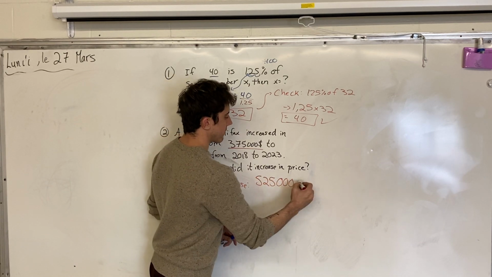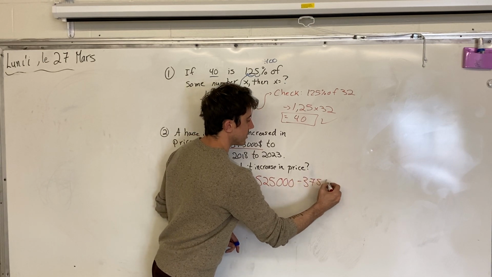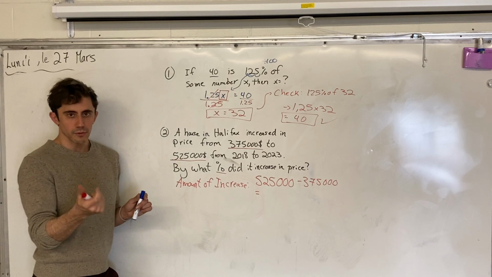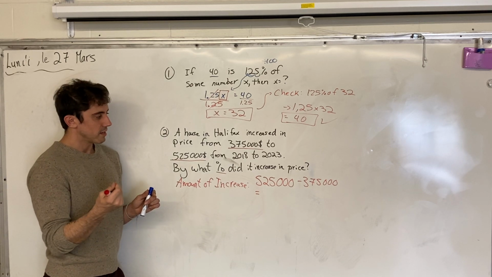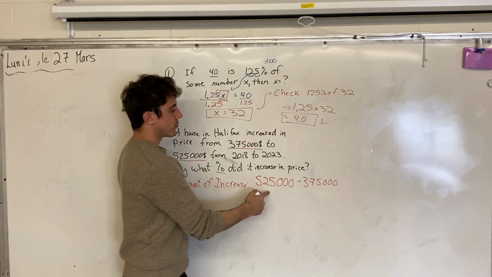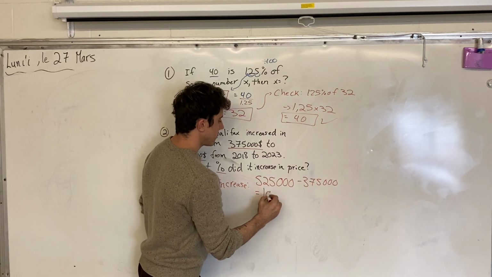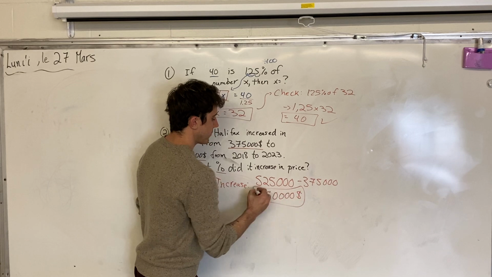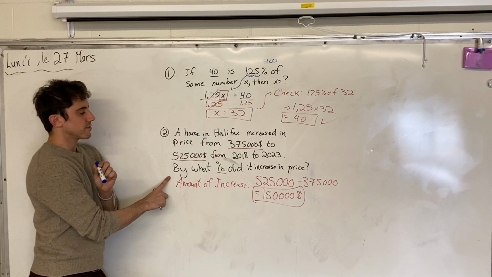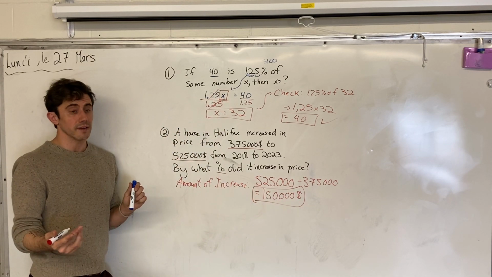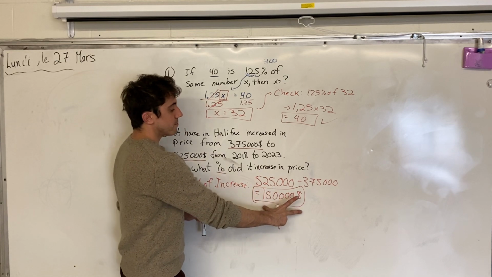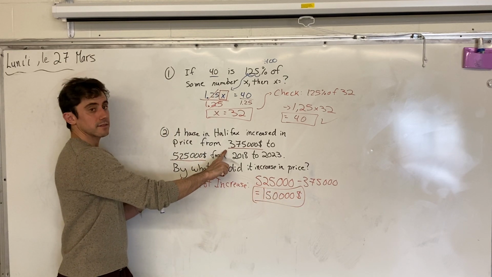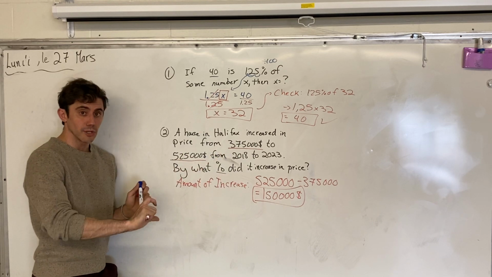So we'll do 525,000 minus the original price of 375,000, and we find that in pure monetary value, the price of the house increased by $150,000. Since the question is asking what percent it increased by, we always compare the amount that it changed by to the original price.